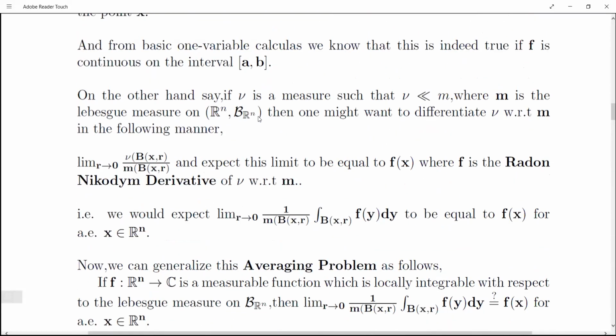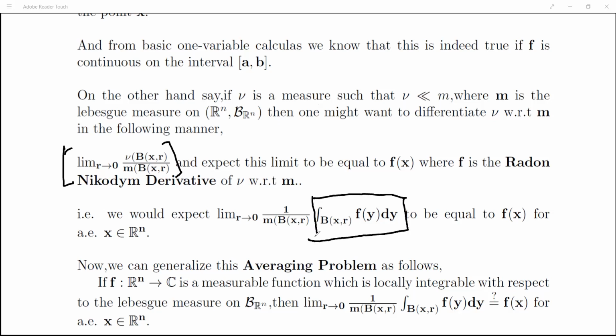So you can actually calculate your Radon-Nikodym derivative by calculating this limit. If your nu is absolutely continuous with respect to the Lebesgue measure, then nu is given by the integral of f against your Lebesgue measure, and then you divide by the Lebesgue measure of the ball.